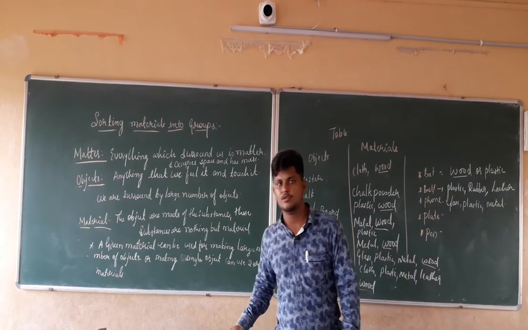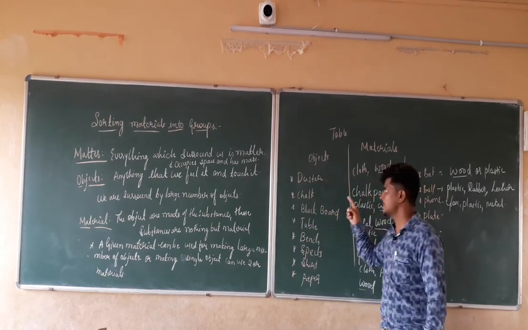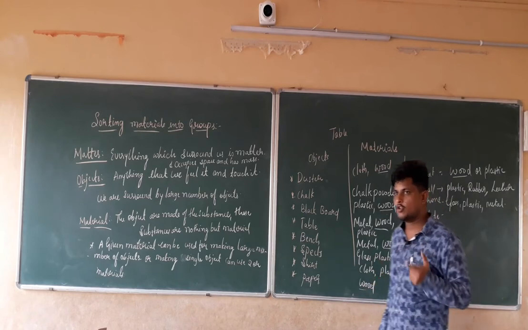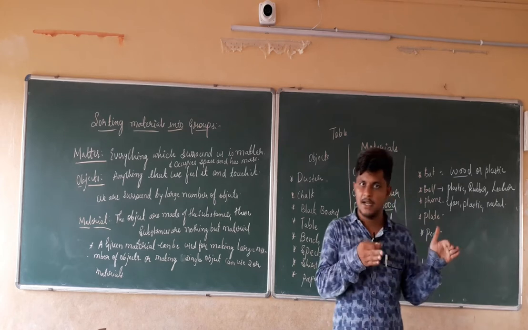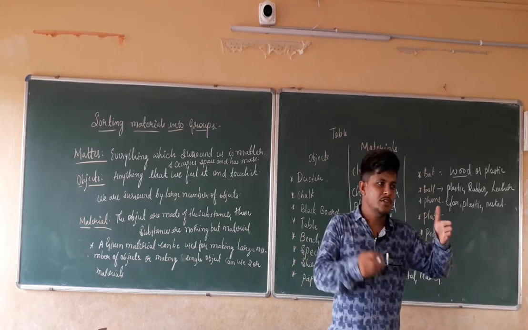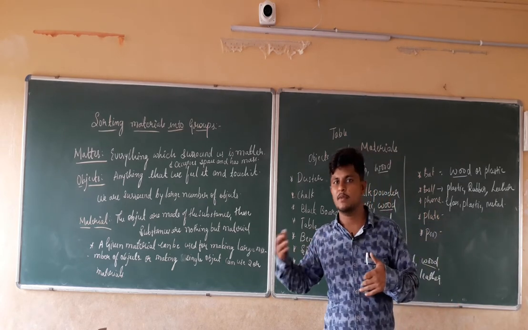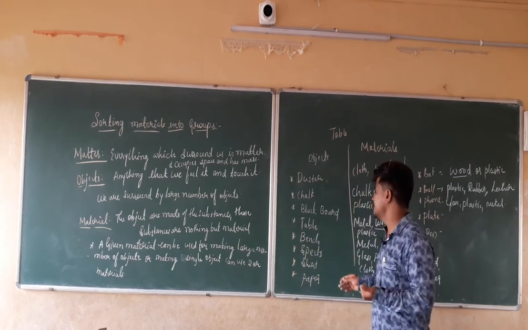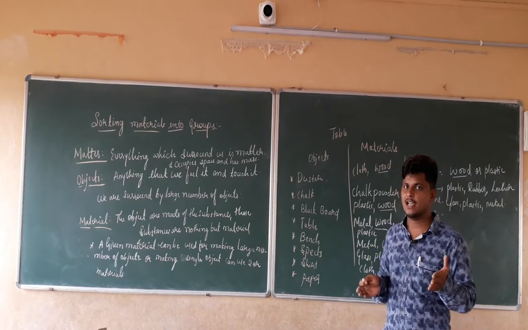So what you have to do is make the list of objects as well as the materials which are used. Again, we have to make a list for each single material, showing what type of objects can be produced by that material.